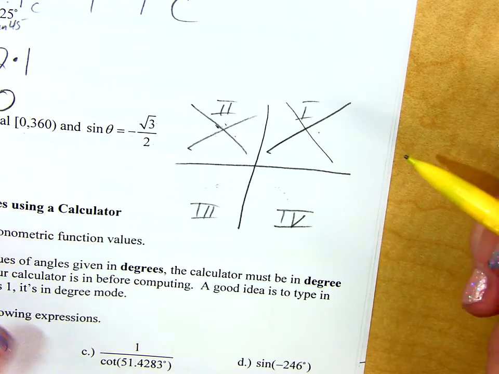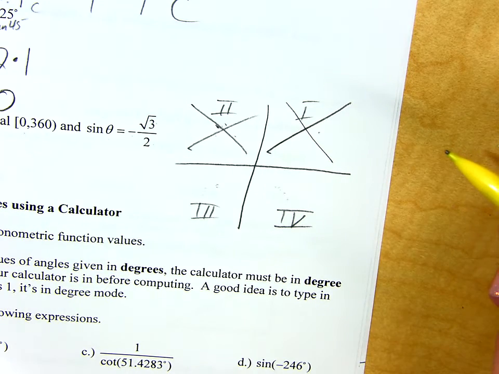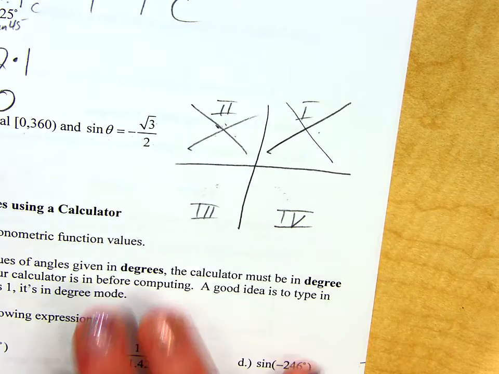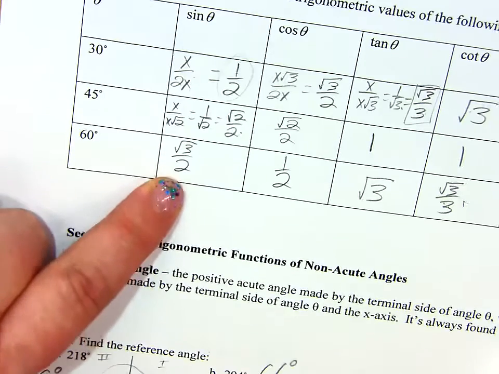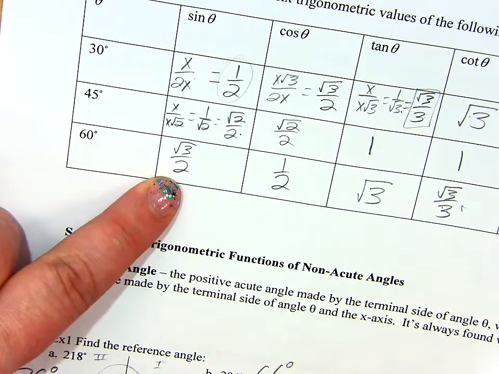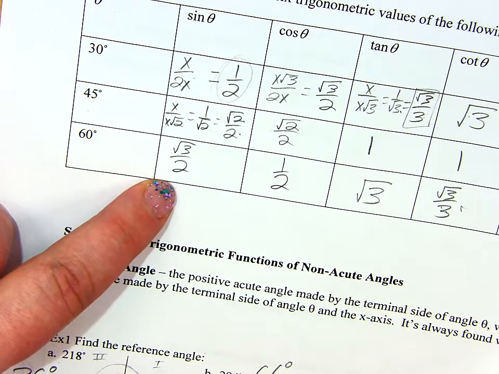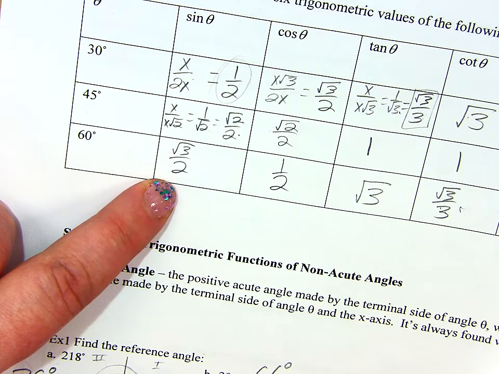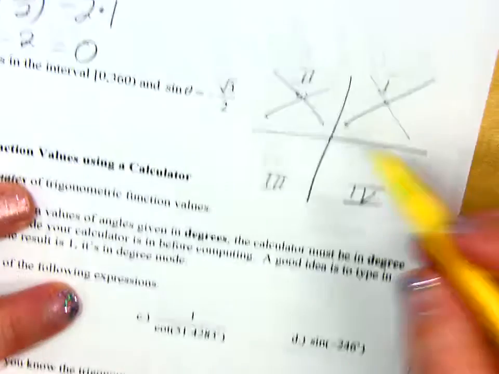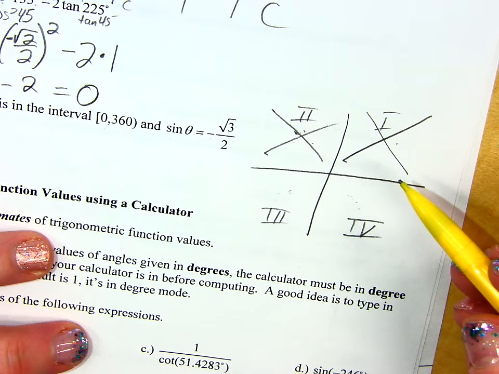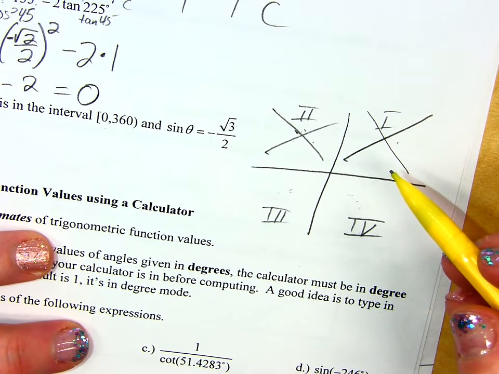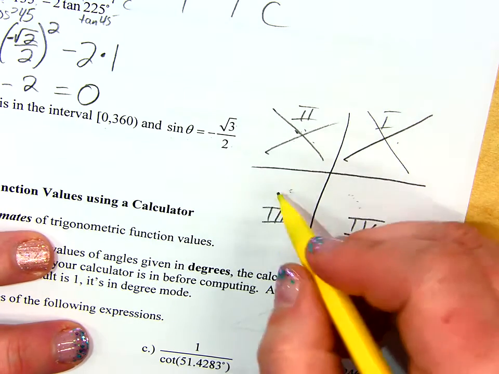Okay, so now I also want to look, all right, well, who has a sine of root 3 over 2? Well, let's see. Sine root 3 over 2. Oh, by gosh, it's 60. 60 degrees would have a sine of root 3 over 2, right? But I can't have 60 because that's in the first quadrant. So basically, I need to figure out what are the angles that would have a reference angle of 60. So check it out.